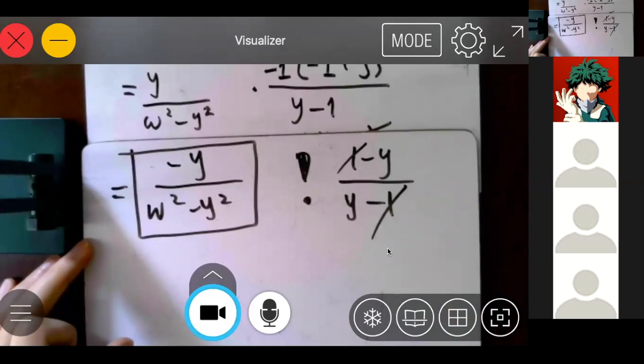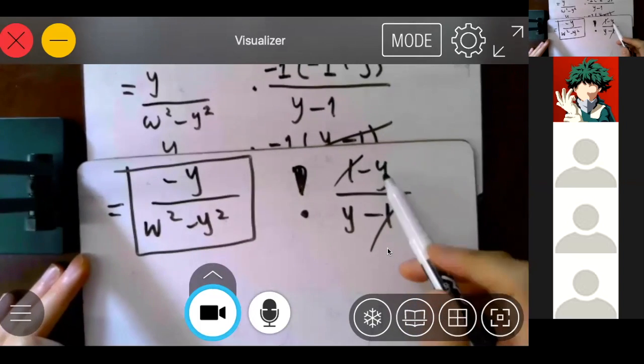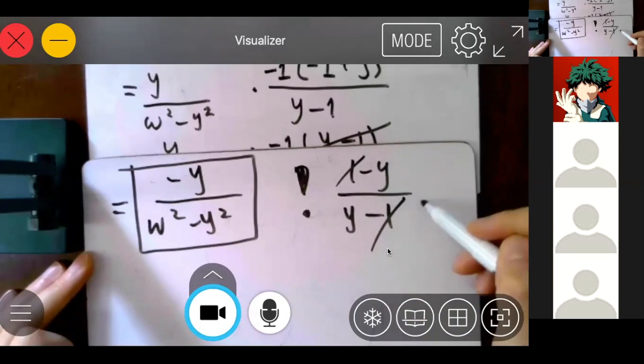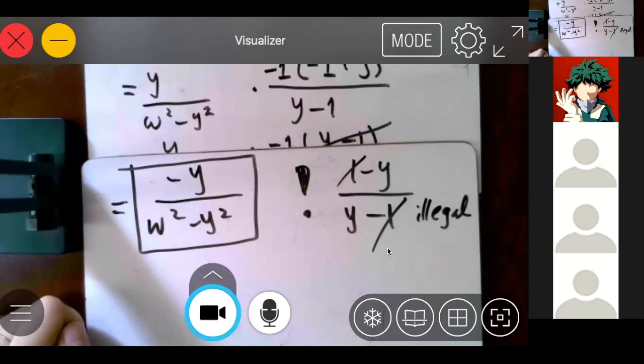I understand why someone did that, because if you do that, you're going to have negative y on the top, which is what you wanted, but that's illegal. You can't do such a step in math, because that's not numerically correct.